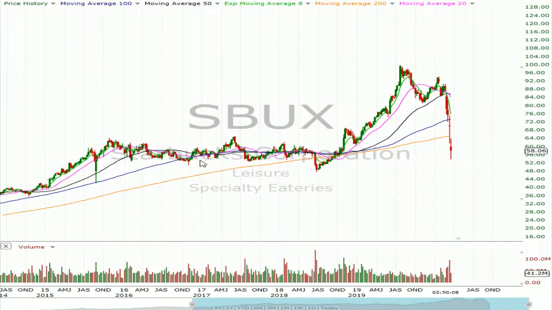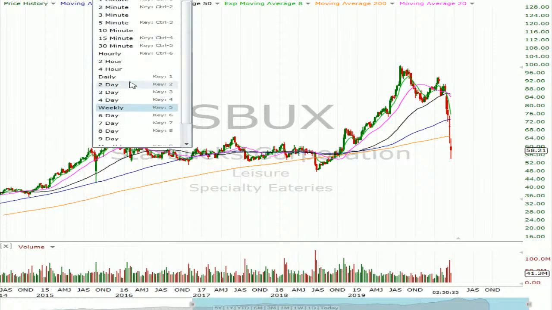This is a multi-year level of support, a level that it's demonstrated in 2015, 2016, 17, and 18 that there's numerous amounts of buying interest in this area, right? So technically, the stock has fallen a long way really quick, but it's coming into a major demand level for multiple years, right? That's one of the good technical things.